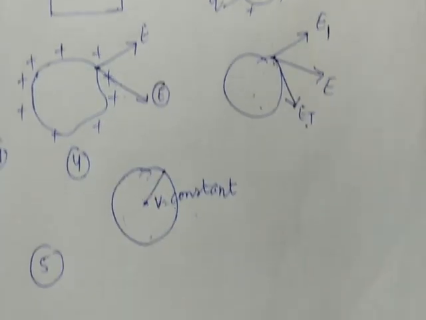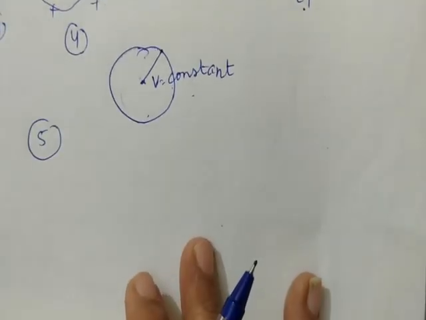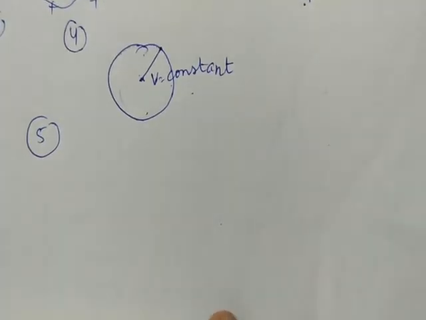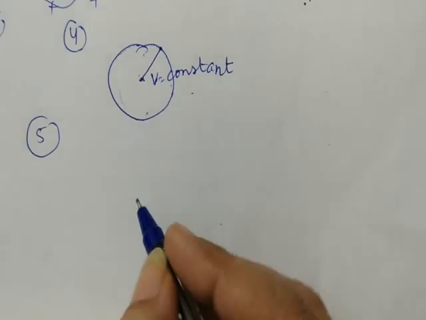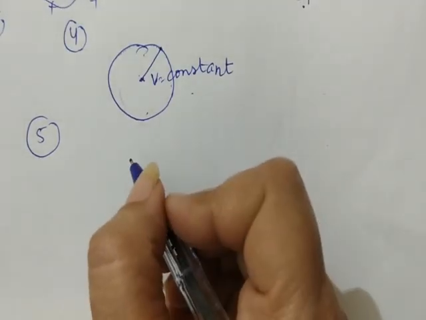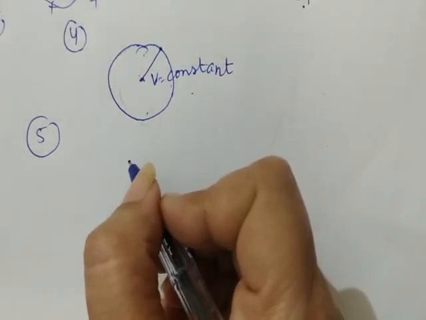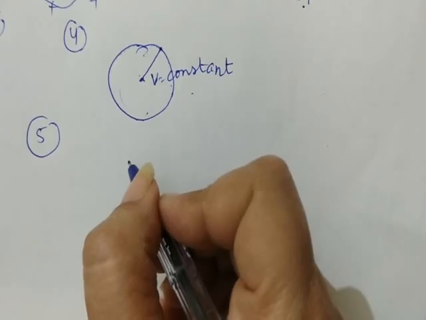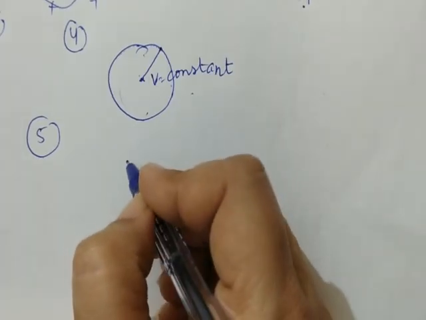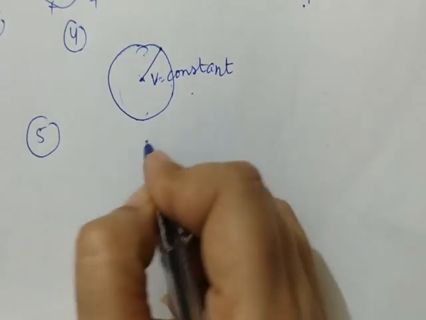Then next property is when a conductor is placed in an external electric field.